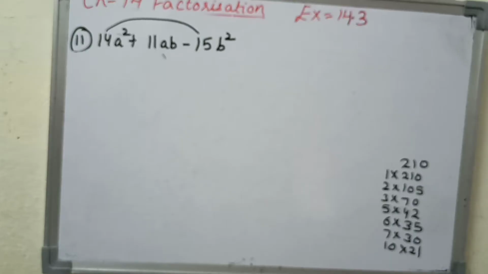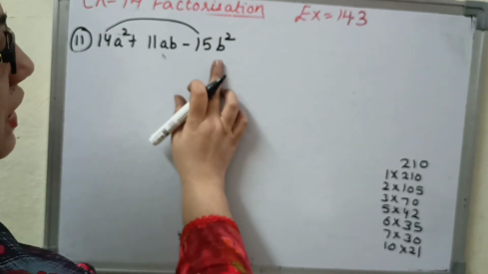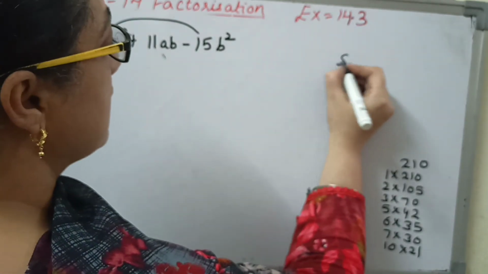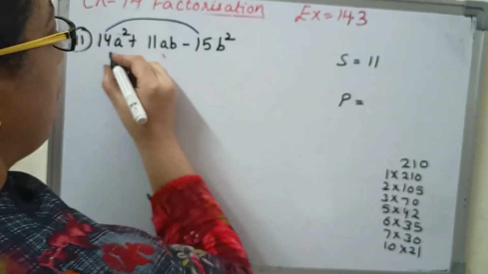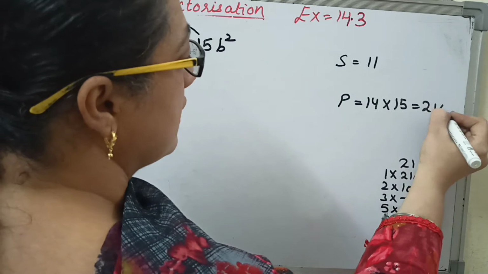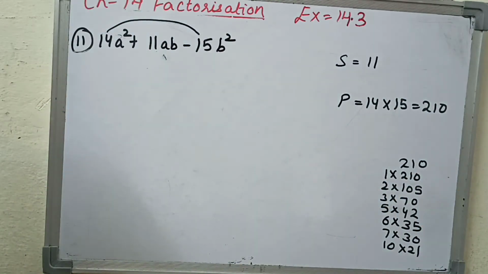Sum number 11 is 14a square plus 11ab minus 15b square. Again we split the middle term. Here the sum is 11 and the product is 14 into 15, which is 210. And you know the various factors of 210 are these.